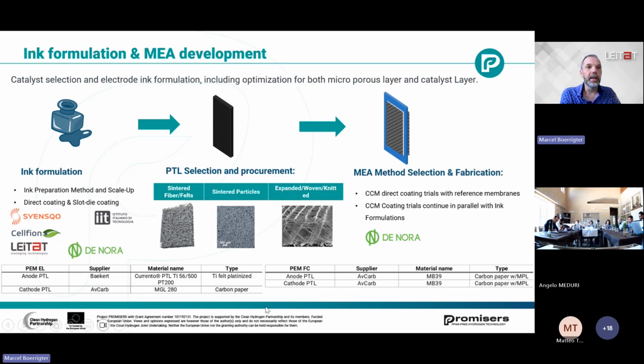And here in the bottom part, you can see the materials they used for the electrolyzer and for the fuel cell. For the electrolyzer, they tested for the anode the Bekaert material, and for the cathode PTL the ADV-Carb material, which is a carbon paper, and then for the fuel cell they used the same materials.